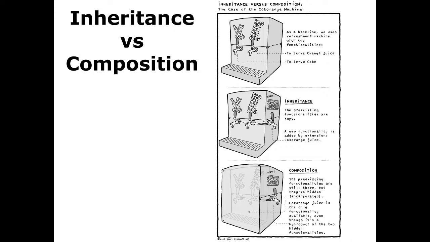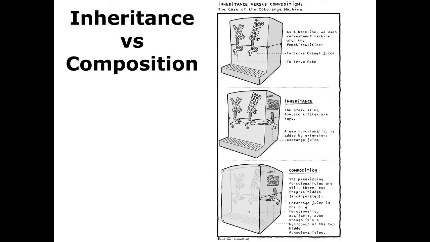Then there are the superclasses, and there are subclasses which extend the superclasses. And you should know the difference between the inheritance and the composition. So maybe let's go through the examples we already had.